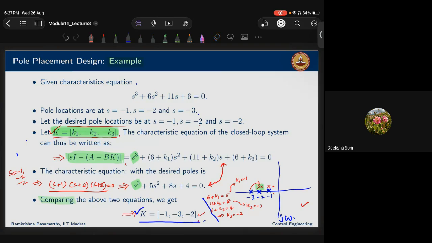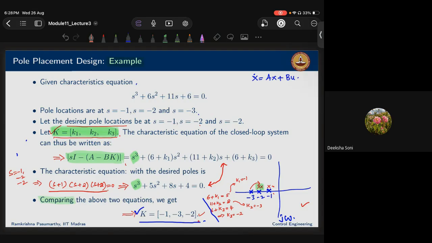You have a system x dot is equal to Ax plus Bu. Is it clear? You should understand from this example what the pole placement technique is.